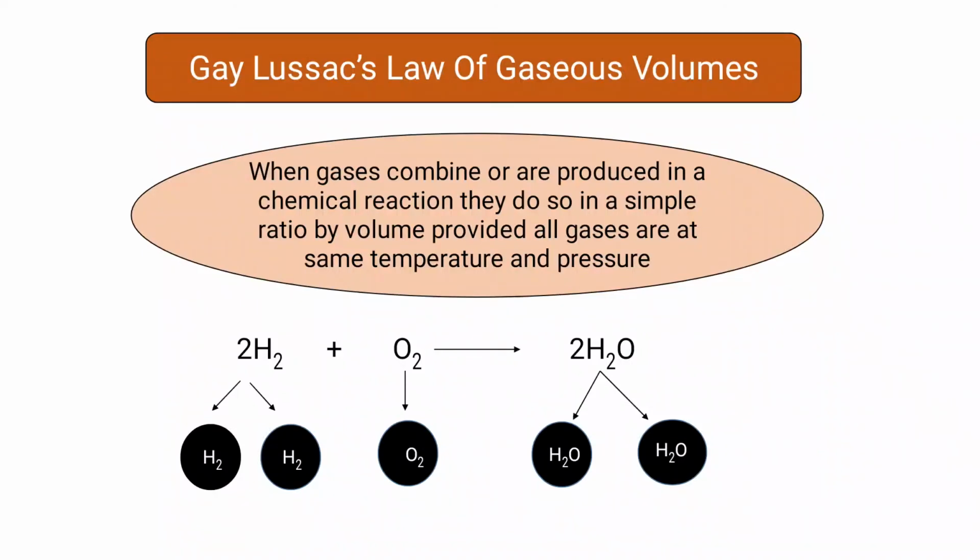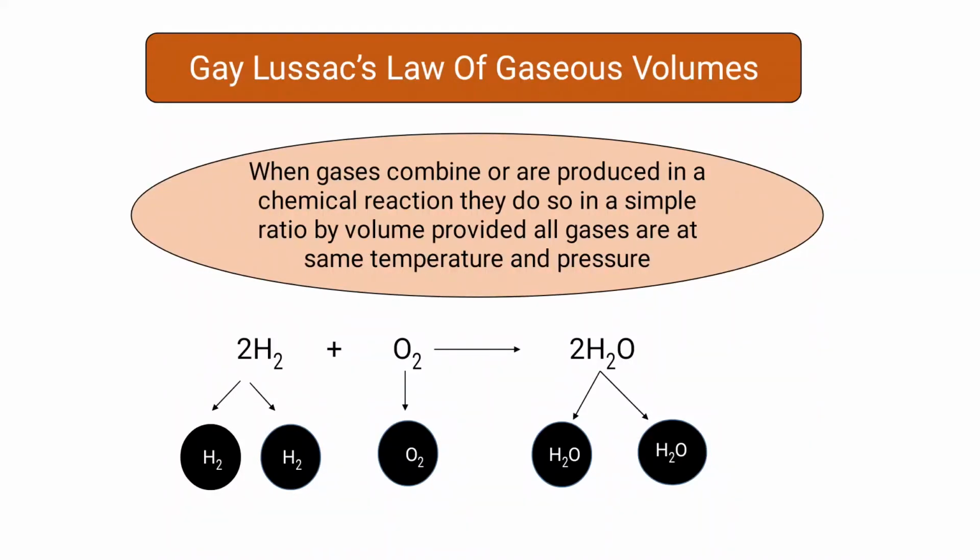Suppose let us consider 1 volume of hydrogen as 50 ml, but there are 2 volumes of hydrogen. So 50 into 2 is 100 ml. Which means that 100 ml of hydrogen will combine with 50 ml of oxygen in order to produce 100 ml of water. This is what the law states.